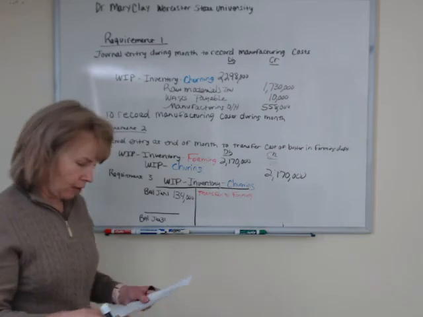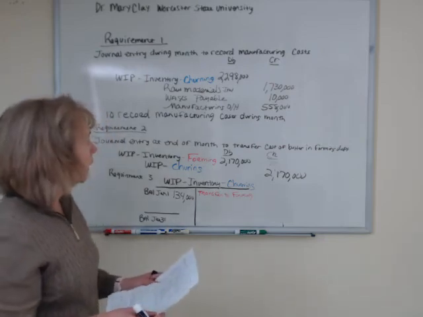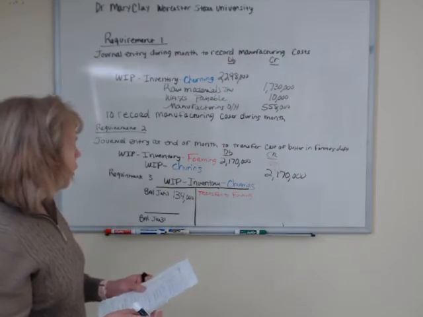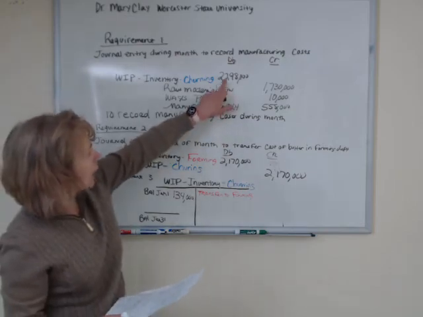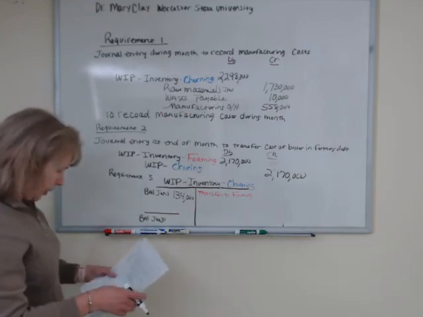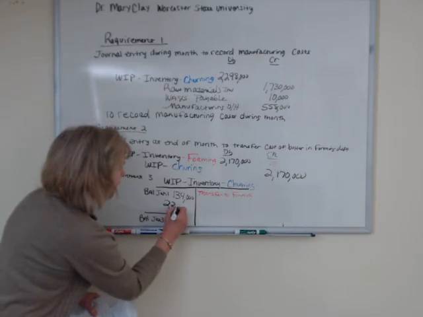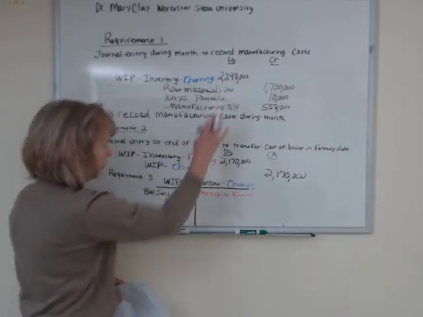Next, you're going to make a journal entry for what you added. This journal entry, you're just going to post it. You bring that down, $2,298,000. Remember, that comes right from there.